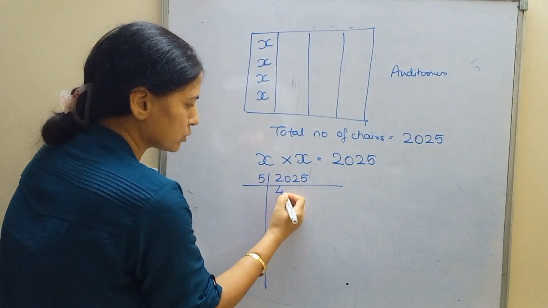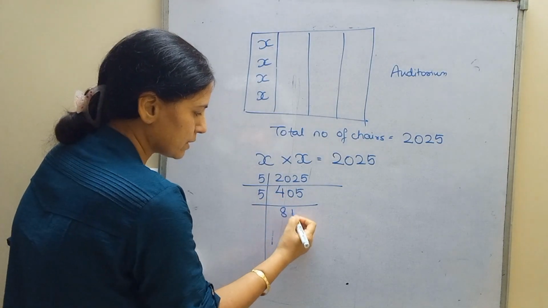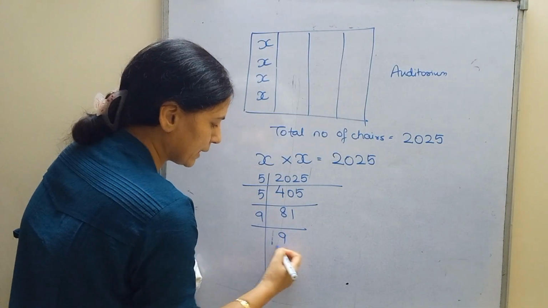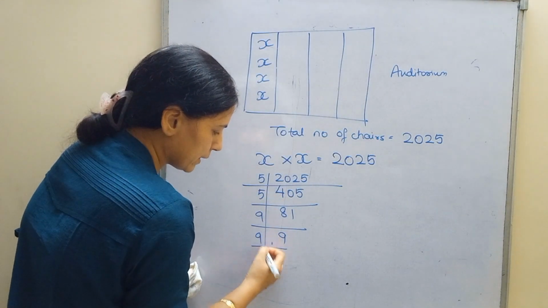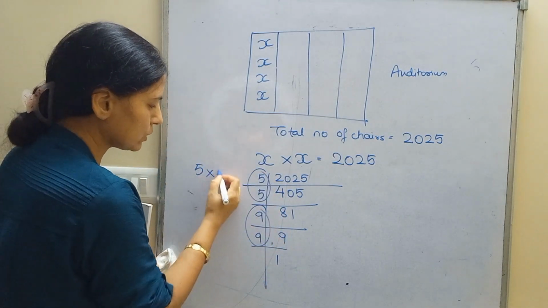Begin with 5. 5 4s are 20. Put a 0 in between. 5 5s are 25. 5 8s are, 5 9s are. Directly you can take 9. 9 9s are and 9 1s are. Pair of 5, pair of 9.